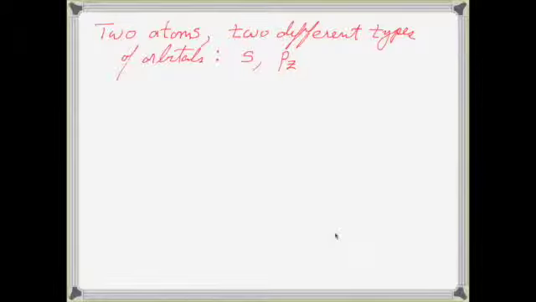They're going to alternate depending on which atom you're on. So this is going to give us a two-band model. You're going to have one conduction band and one valence band. Up to now we've just had a single band.